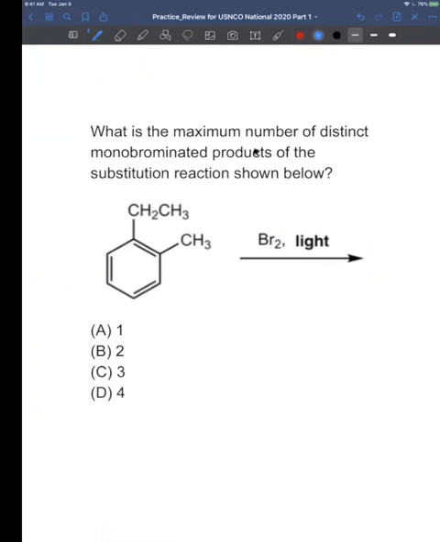Before you choose the answer of this question, think about it, okay?